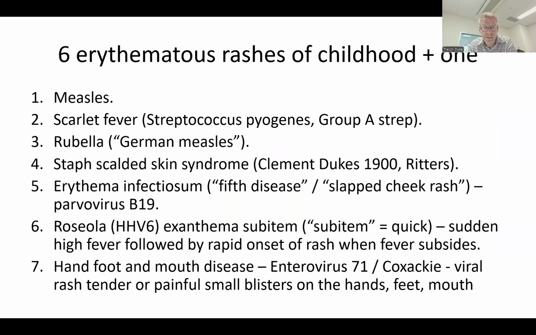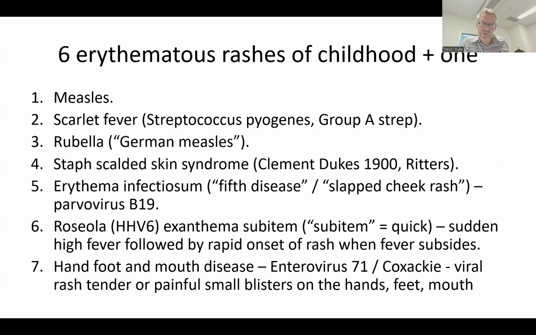Historically, there have been 6 erythematous rashes of childhood, and they're not all viruses. They were described in sequence, and some of them were named as the first rash or the second rash, and measles was the first rash described.